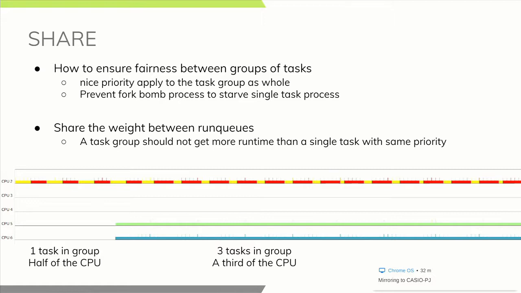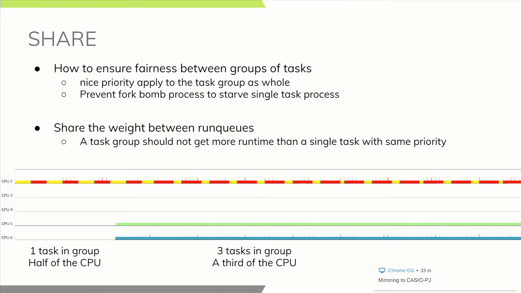But I must ensure the fairness. So I must ensure that the group with only 1 task will have the same amount of running time as the group with the 3 tasks. So in this case, we are splitting the nice priority, what we call the share, between all the run queues. So each run queue will have 1/3 of a normal priority.